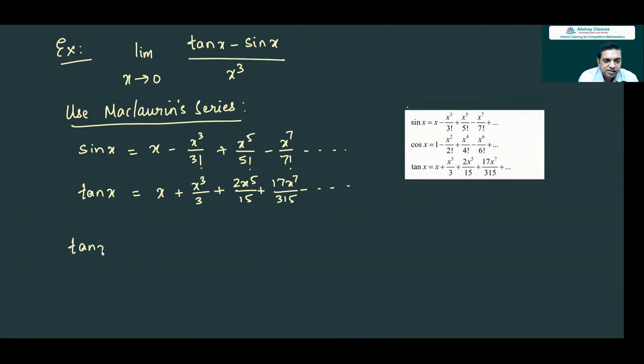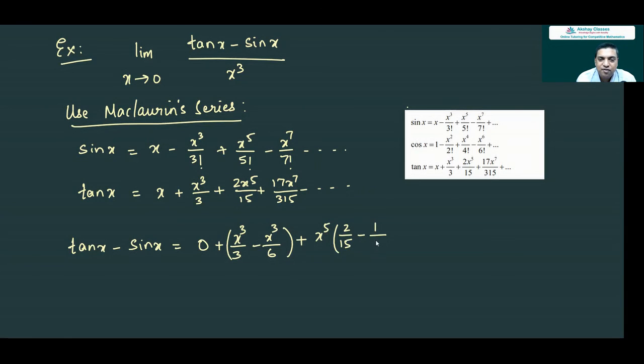So tan x minus sin x becomes, subtract the first series by the second. So x minus x is 0, then x cube by 3 minus x cube by 3 factorial. 3 factorial is 6, plus 2 x power 5 by 15 minus 1 by 5 factorial, which is 120.